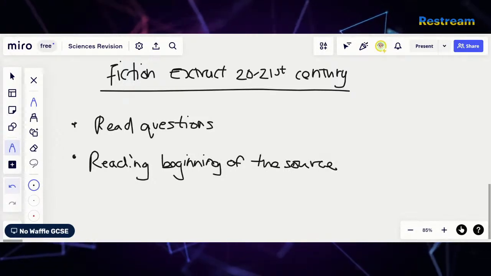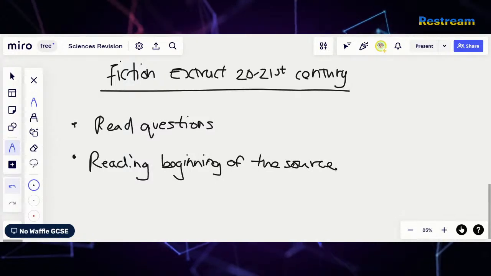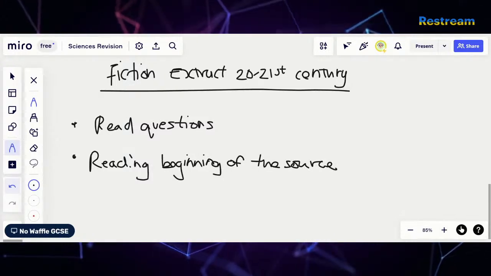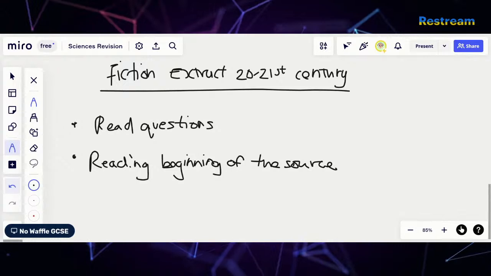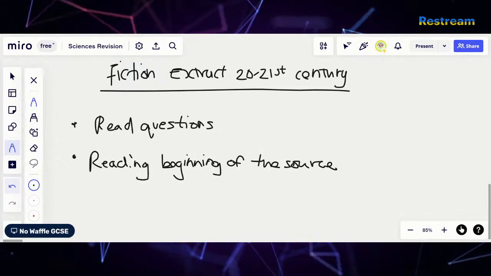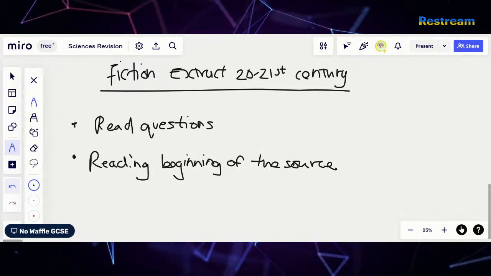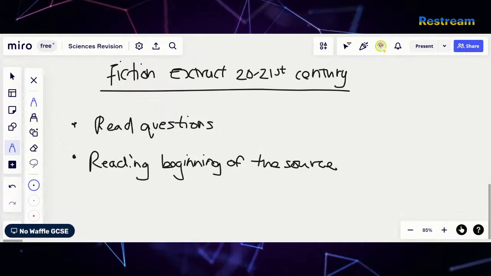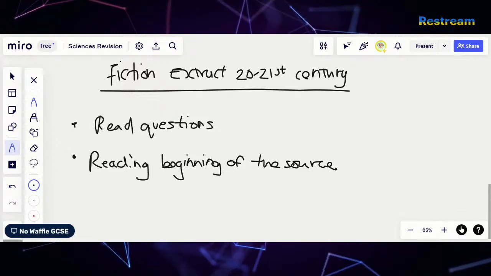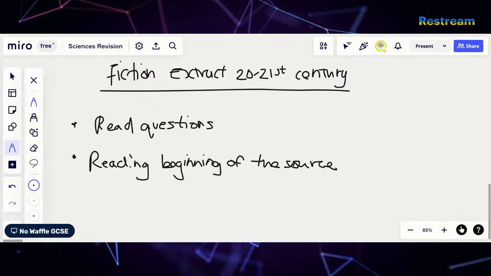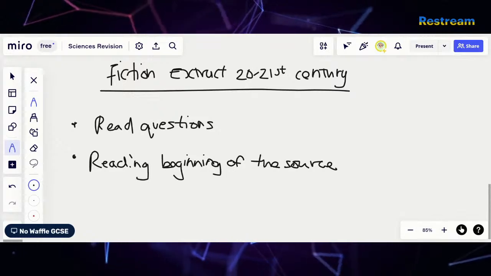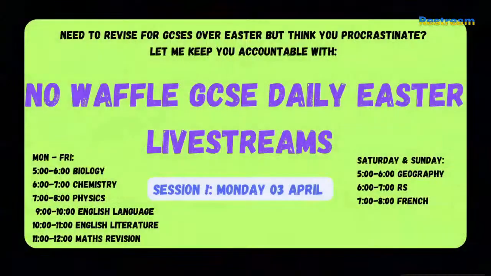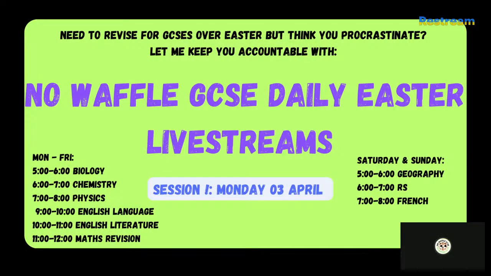Because normally the first question will be something like: first part of the source, from lines this to this, list 4 things about whatever. I'm going to go through a practice question with you, and I'll show you what that will look like. So let me present another screen.